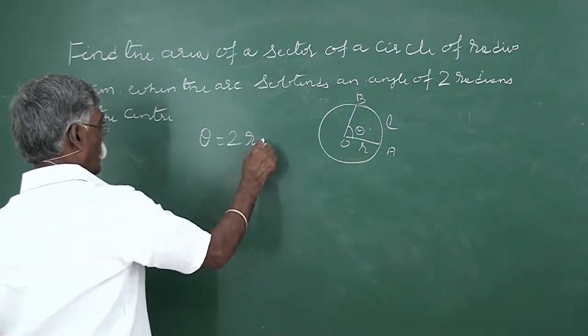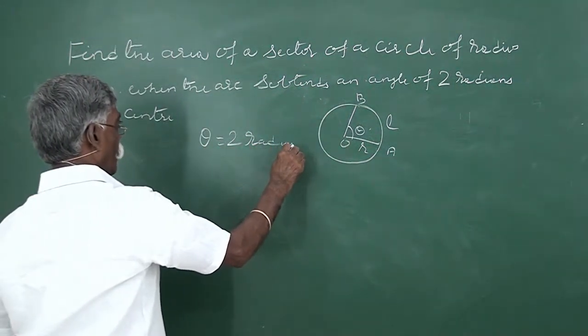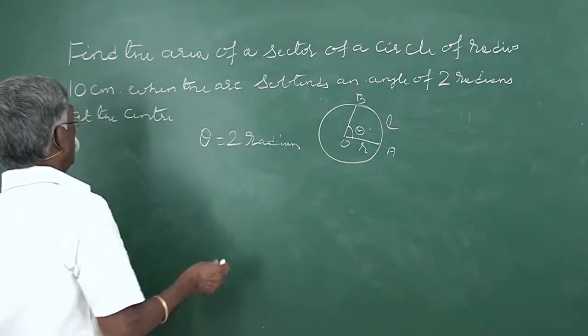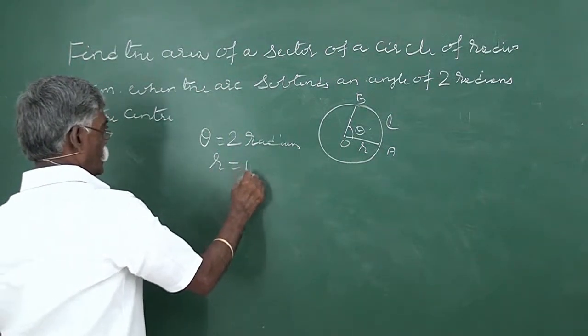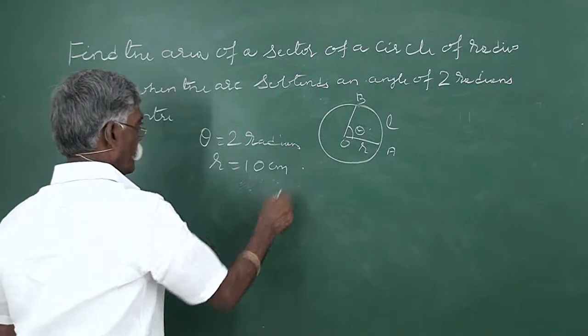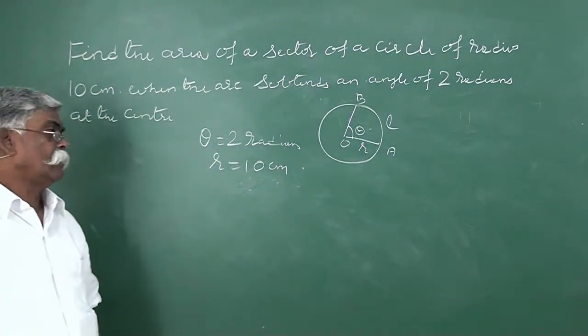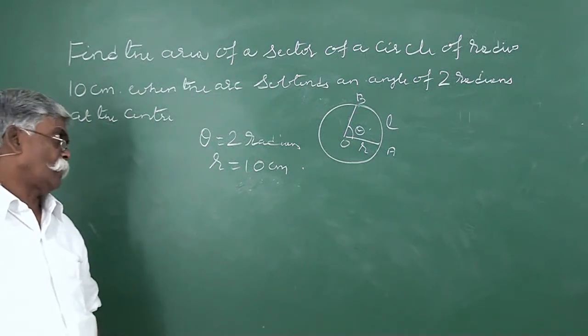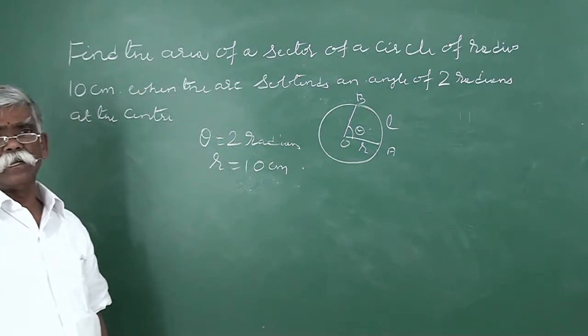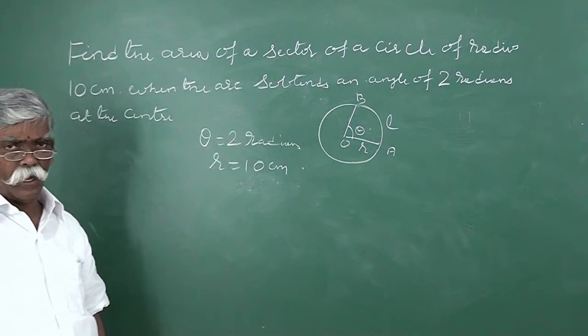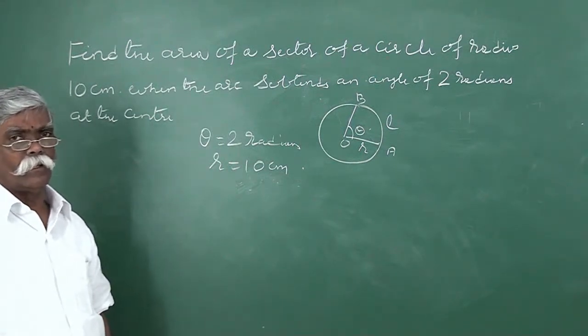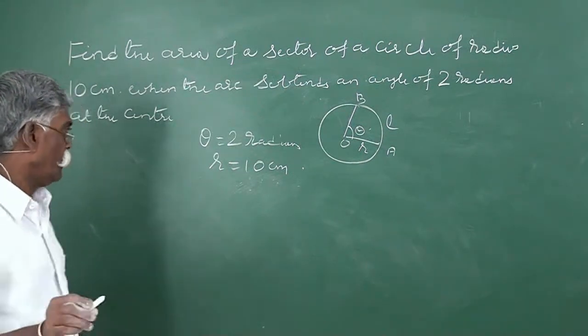Theta is equal to 2 radians and R is given as 10 centimeters, and we are asked to find the area of the sector. Without finding L, we can find the area, or even after finding L also we can find.